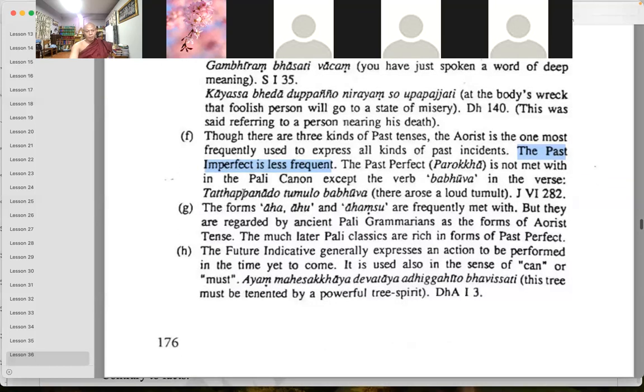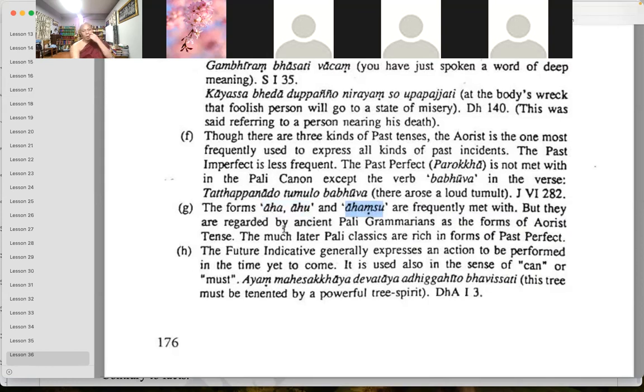And also "aha", "ahu", and "ahamsu". Actually, "aha" and "ahu" are imperfect, or past imperfect, but "ahamsu" is aorist. So these three forms are frequently met with in Pali.